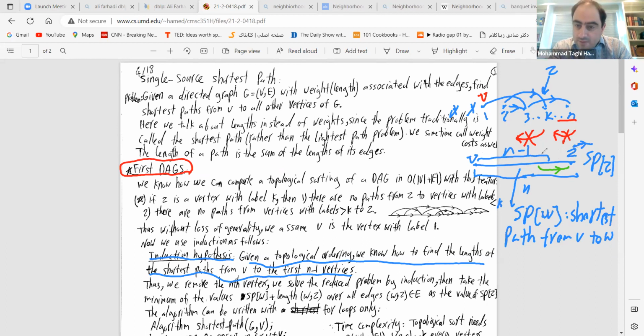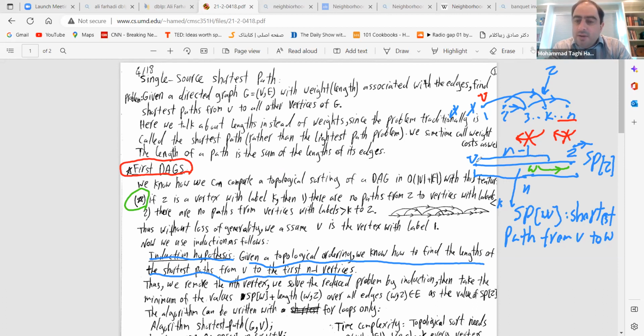Consider the last vertex on the shortest path from V to Z, and call it W. W should, of course, appear after V, and it should be one of these vertices before Z. So we are using this star property. There should be a vertex W if there is a shortest path from V to Z.